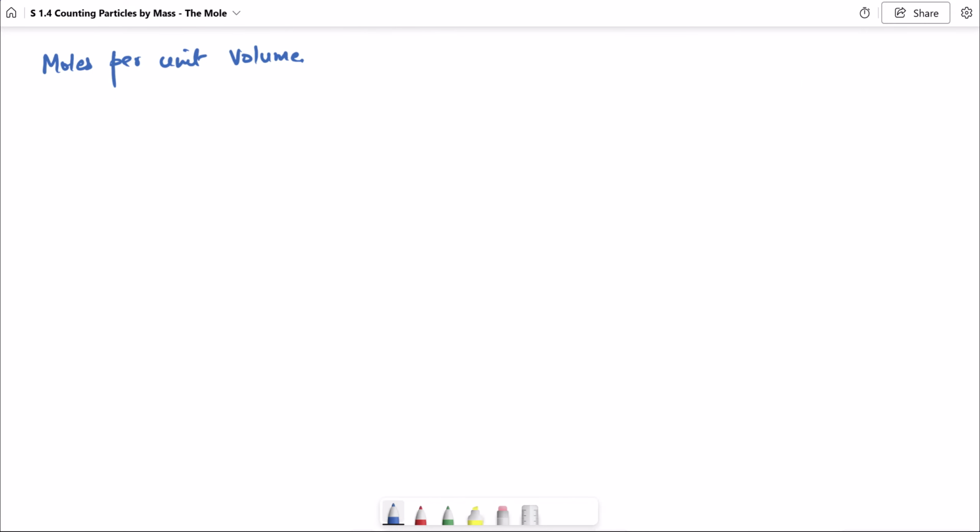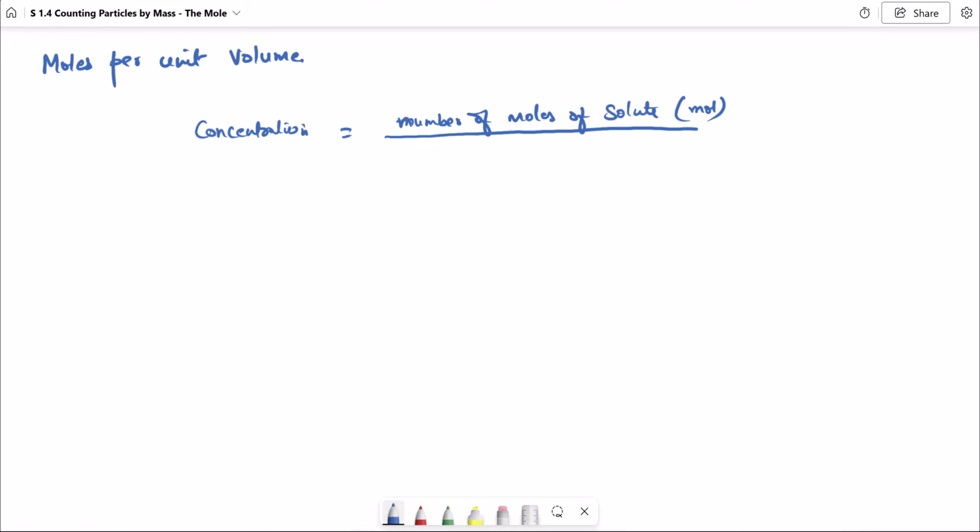Now when it comes to moles per unit volume, what is this? This is written in a formula, that is concentration equals number of moles of solute, that is given in mole, divided by volume of solution, which is given in dm cube.